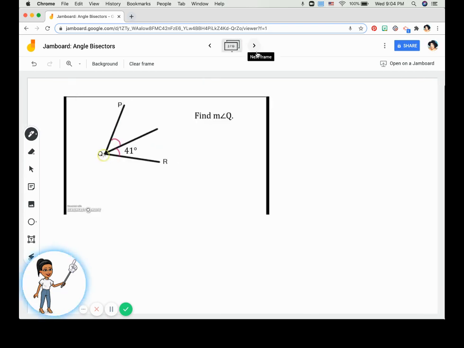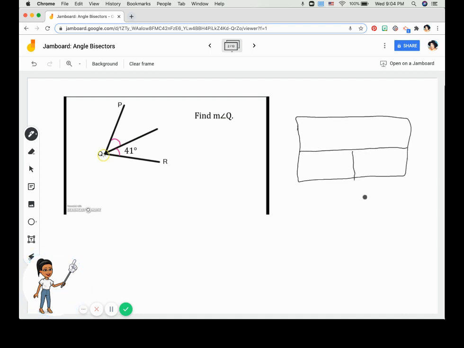Now moving on to how we can solve for angles using angle bisectors. So I'm going to start this again. I have my box. The whole thing is angle Q. So this angle is the whole thing.